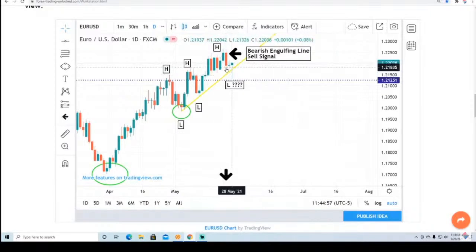Had you sold at $1.2192, your stop would have been up at the high of this day here, so that's $1.2266. So initially, you would have sold in this area right here, $1.2123-ish, and you'd have the $1.2266 as your stop. Now, once you came down to this area, you would want to lower it.